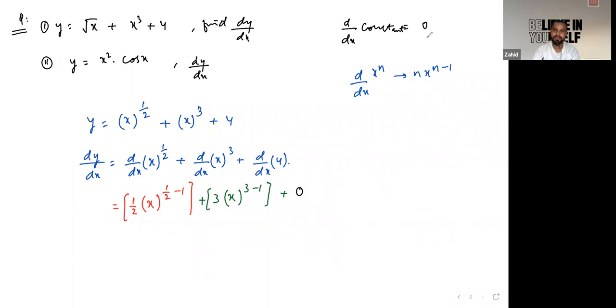Okay. Simplify it, and similarly try to solve the next part using the product rule.